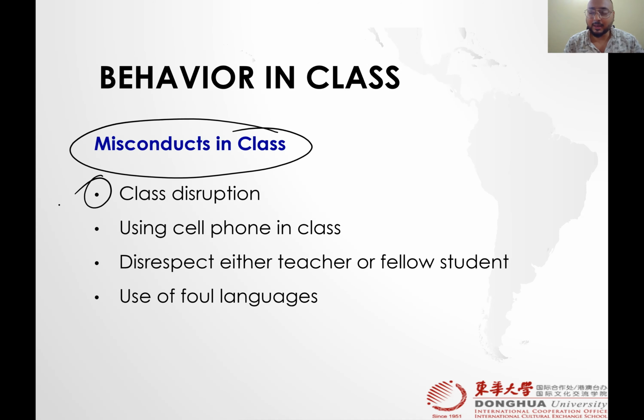Or you are living on a very noisy street or beside a highway with a lot of traffic noise, so you can turn off your microphone. Okay. And using a cell phone in class, I won't recommend you guys use a mobile phone during the class.